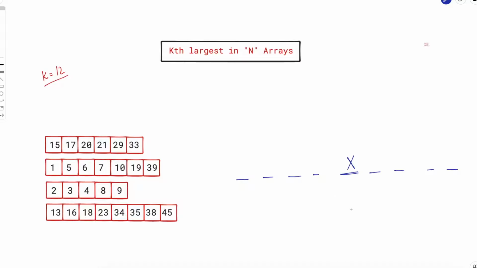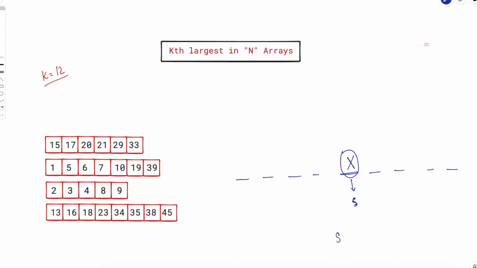Only then will the kth largest element be in the left of x, right? So one way could be to figure out how many elements are smaller than x across all this array, right? Let's say that the number of elements smaller than x across all this array is s, right?